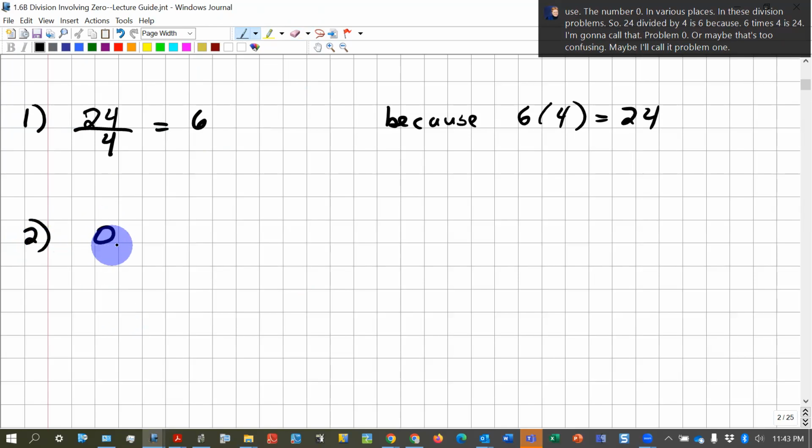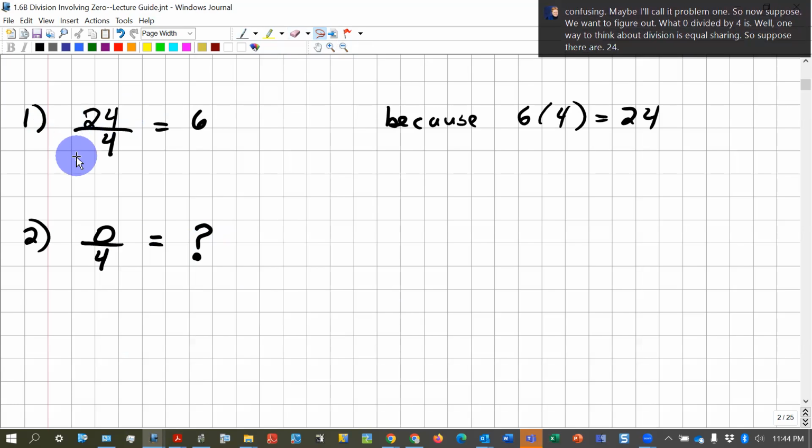So now suppose we want to figure out what 0 divided by 4 is. Well, one way to think about division is equal sharing. Suppose there are 24 pieces of candy and there are 4 people and we want all of the people to have the same amount of candy, then every person is going to get 6 pieces of candy.